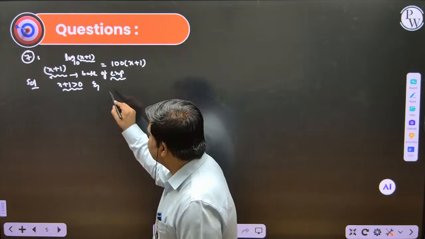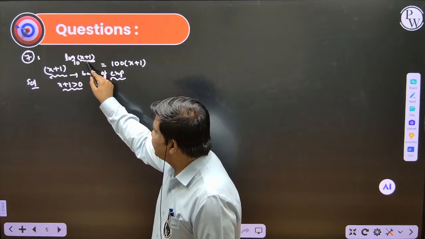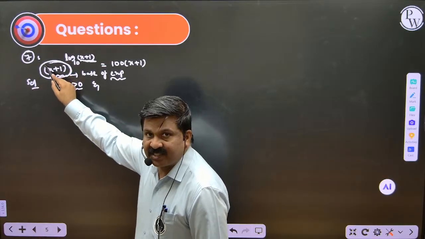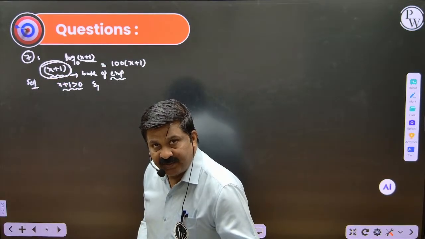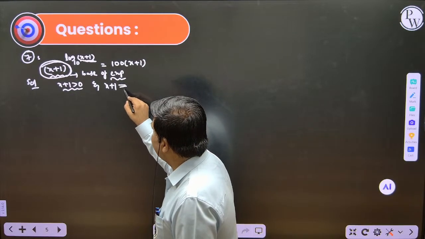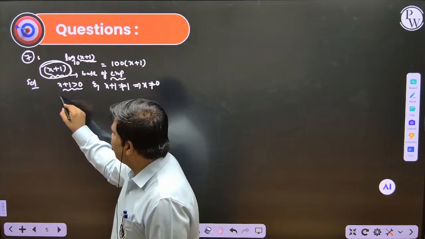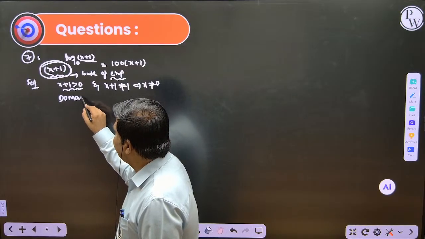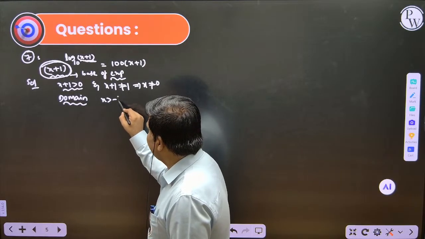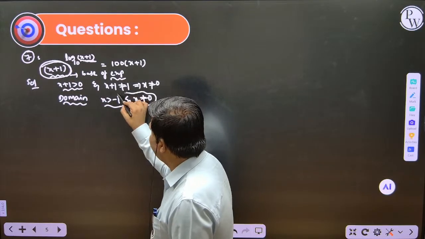So the base of an exponential function must be positive, and already we have taken this as positive. But because this is also the base of an exponential, along with that, it should not be equal to 1. That implies x not equal to 0. So finally the domain for this question is x greater than minus 1 and x not equal to 0. This is the domain.